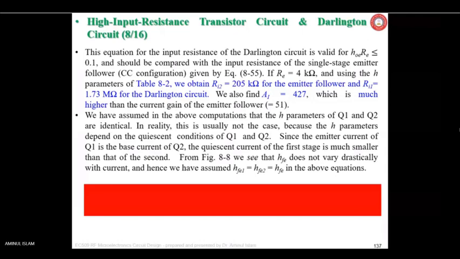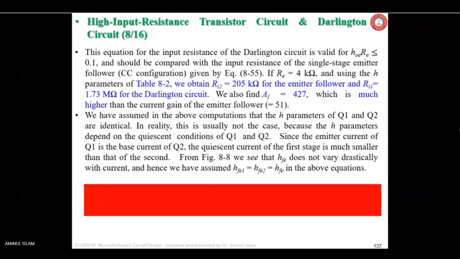Then we studied this Darlington pair. It is going to give some advantages. This equation for the input resistance of the Darlington circuit is valid for HOERE less than or equal to 1, and should be compared with the input resistance of the single stage emitter follower given by this.